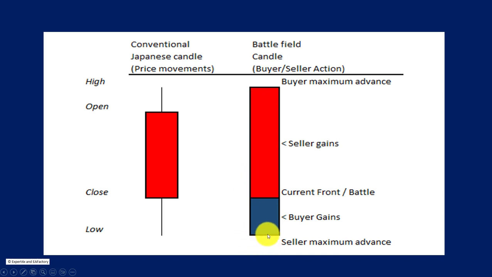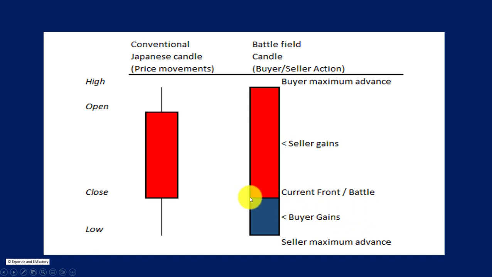The same thing here. This is a major point of support, because the buyers managed to push the sellers up. So this is the sellers' maximum advance there, the buyers' maximum advance there. Those are the gains made by the sellers, and those are the gains made by the buyers.